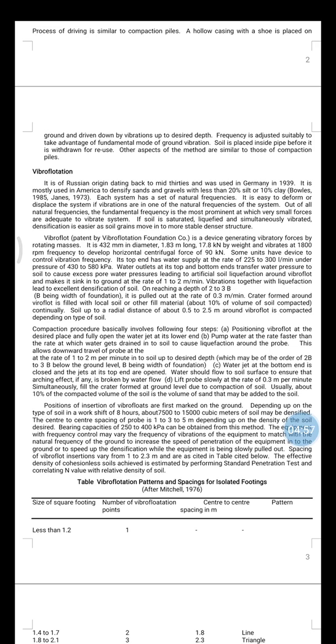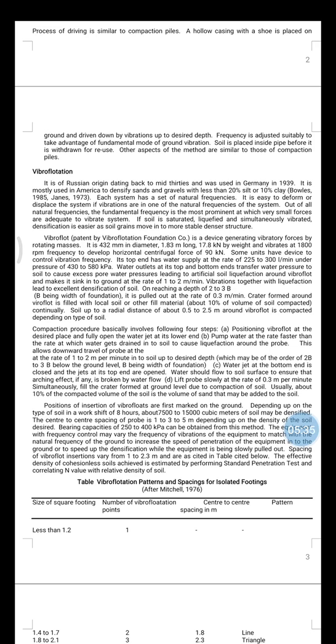Vibrations together with liquefaction lead to excellent densification of soil on reaching a depth of 2 to 3B, where we will stop. B here is the width of foundation, you already know it, right? Once it reaches 2 to 3B, it is pulled out at a rate of 0.3 meter per minute.